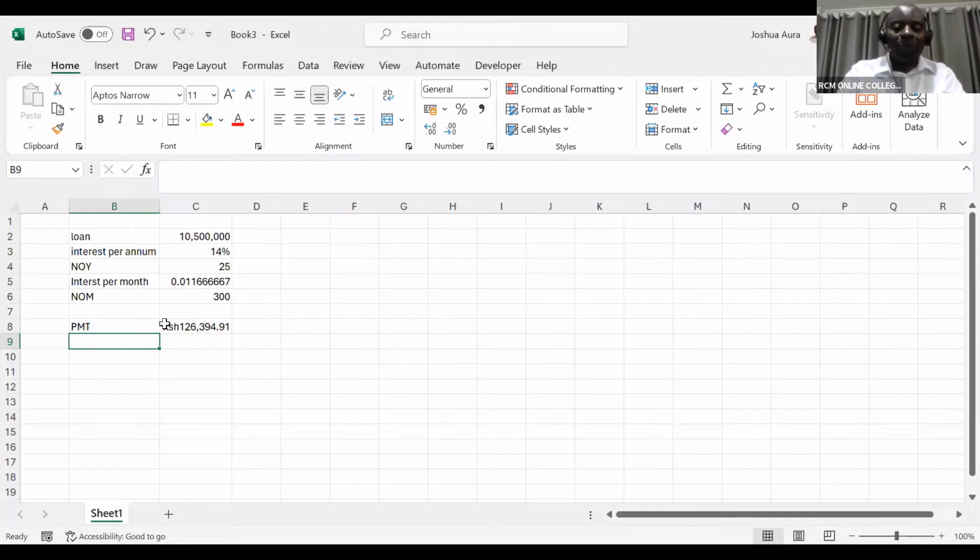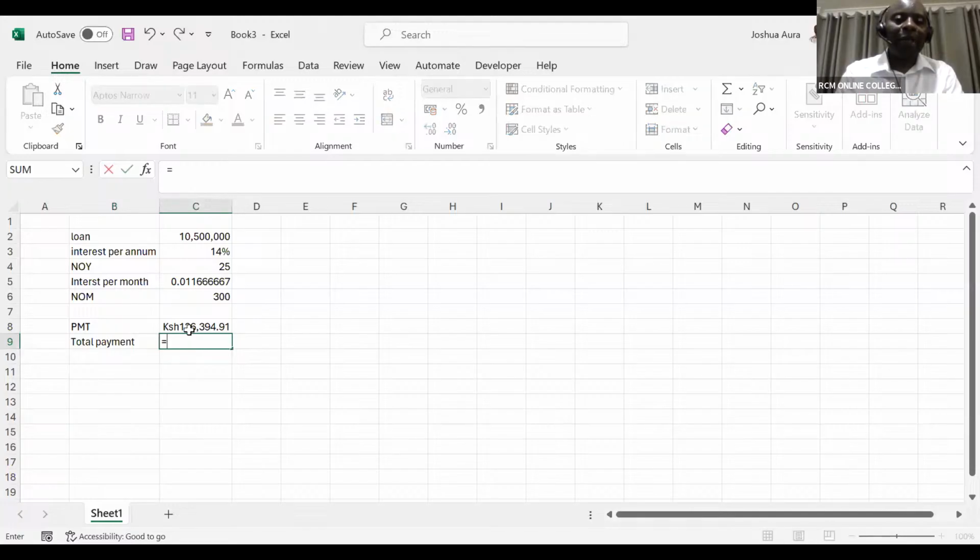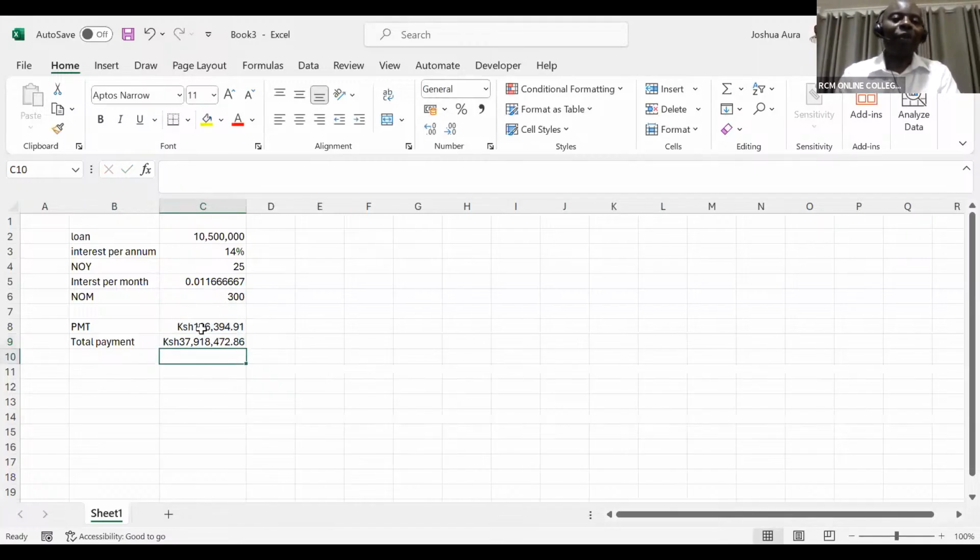So if I want to get the total payment, I will say equals, I pick this, and then I say times the number of months in total. You'll pay triple normally. You can see here, I ended up paying 37,918,472 Kenyan shillings. And as if that is not enough, you must add also the cents there.